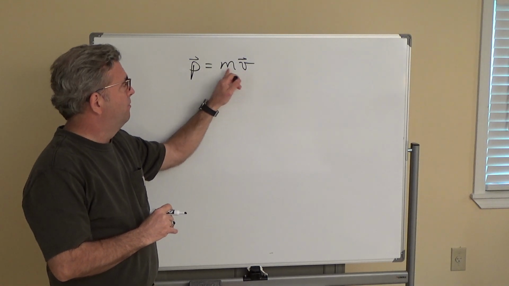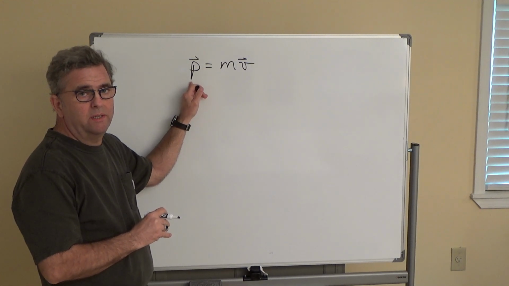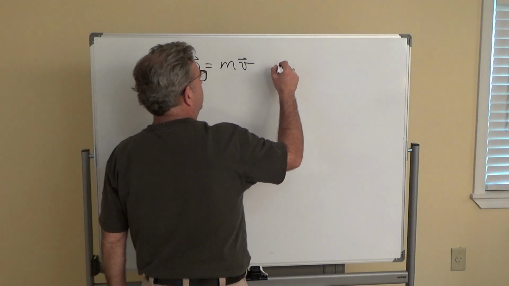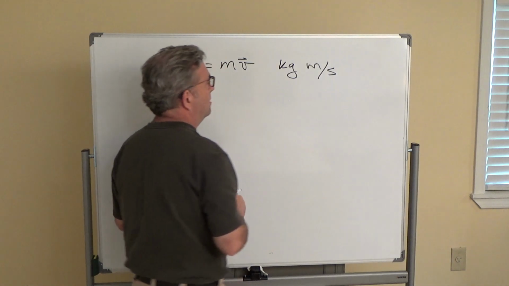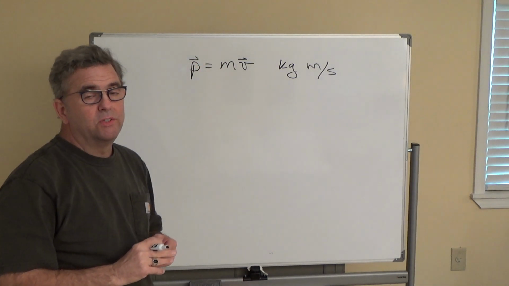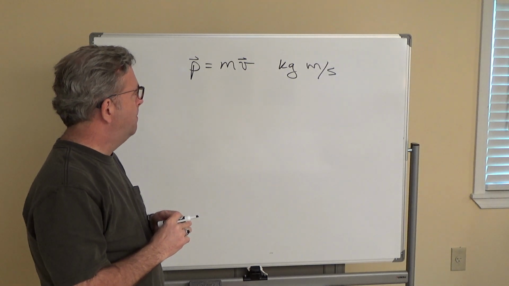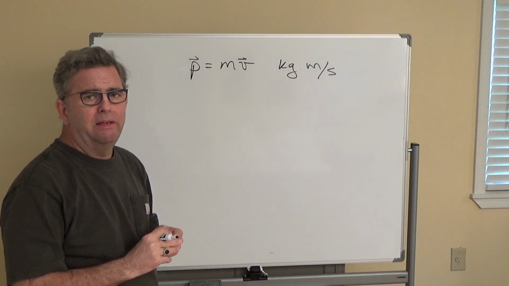If I have a vector over here times a scalar, I better have a vector over here. It won't make sense. So this has units of kilogram meters per second. There is no named unit for momentum that I know of. It's just mass times velocity.